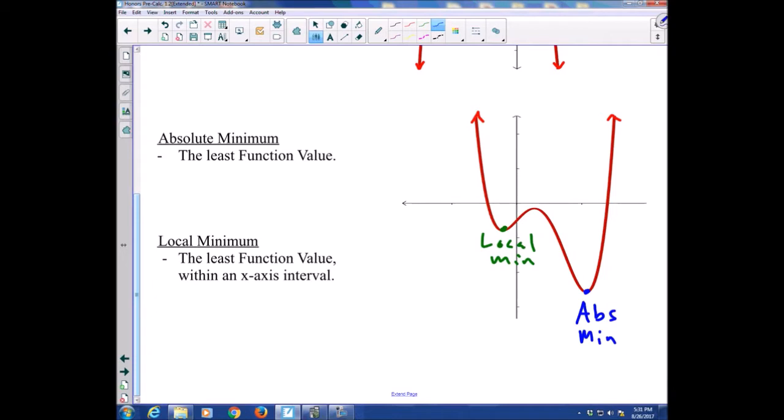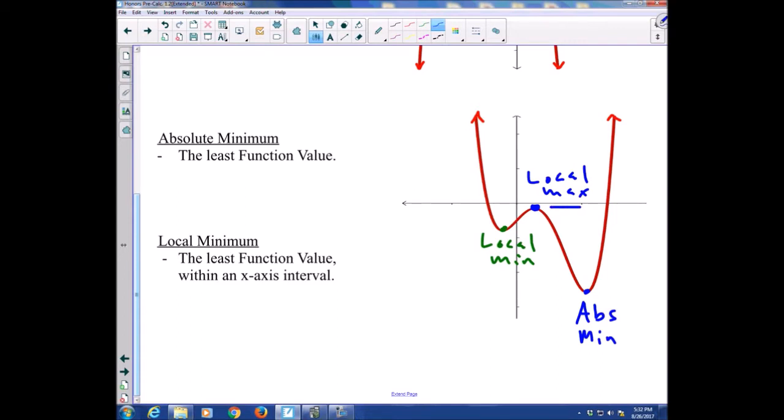In general, graphically, maxes and mins are really easy, because really we're saying maxes are the peaks of the function and mins are sort of the valleys. So if we're looking at this graph to our right, I can say that between this local min and this absolute min, I actually have a local max. Now, I couldn't say that I have an absolute max because the function values go up to positive infinity.